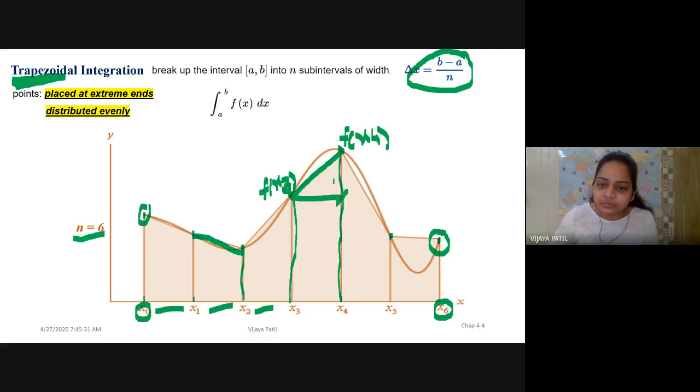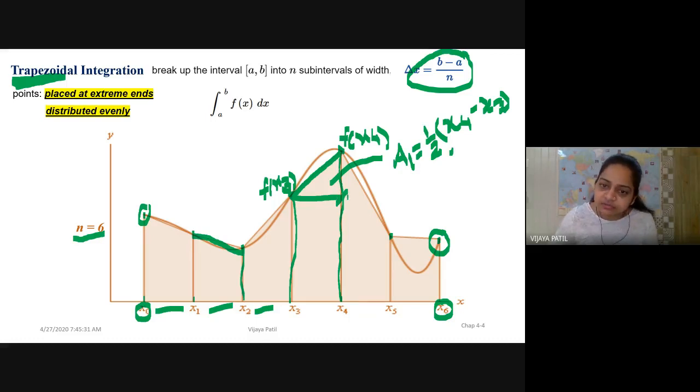So if you observe, suppose I wanted to find out the area, take this as A1. What will this A1 give me? This A1 will give me half, right? Half into the length, which is x4 minus x3, into this height.